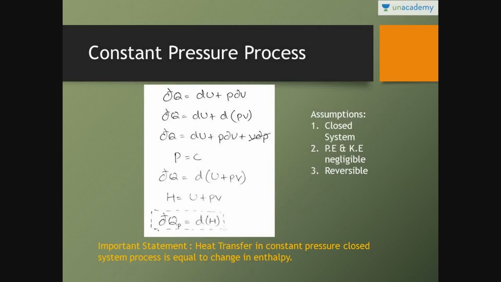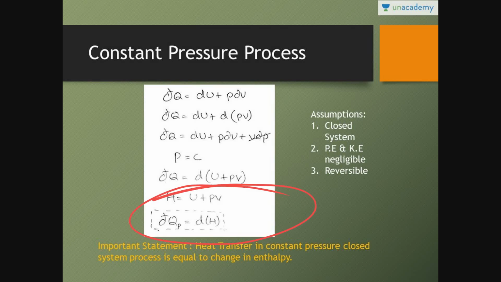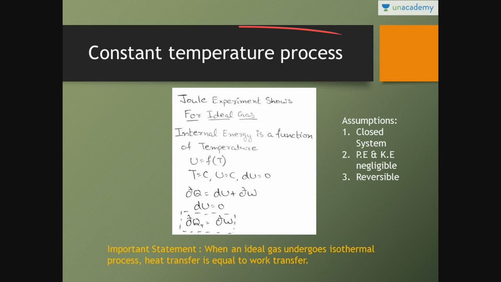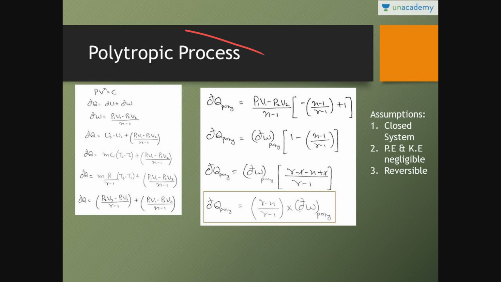Let me tell you once again, if anyone asks you what the heat transfer is: in a constant volume process it is equal to the change in internal energy, in a constant pressure process it is equal to the change in enthalpy, in a constant temperature process it is equal to work transfer, in an adiabatic process it is equal to 0, and in a polytropic process it is equal to (gamma minus n) upon (gamma minus 1) into work transfer in the polytropic process. These are the assumptions: closed system, reversible, potential energy and kinetic energy negligible.